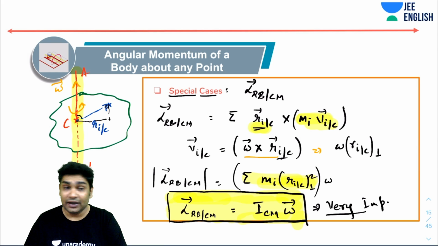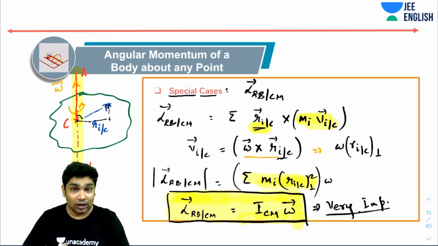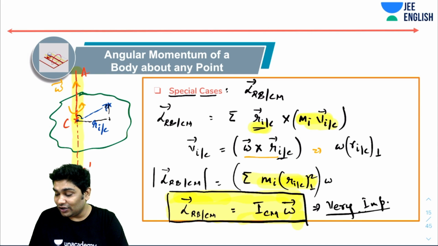Now we already know in case of pure rotation, the angular momentum of any rigid body about its CM, or rather about the axis of rotation passing through the CM. So this is about the axis of rotation passing through the CM. Not only about the CM, because you have to take the component, and that is why you would have gotten that also. The another R_iC perpendicular, that is how you would have gotten it. One R_iC perpendicular you have gotten from here.